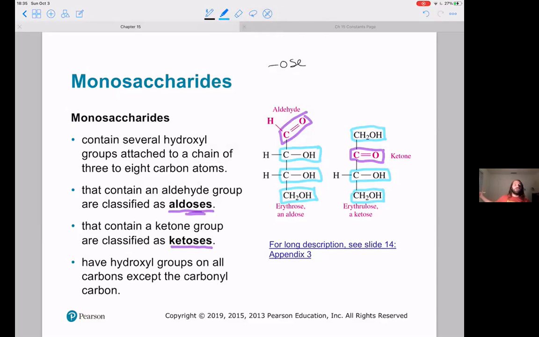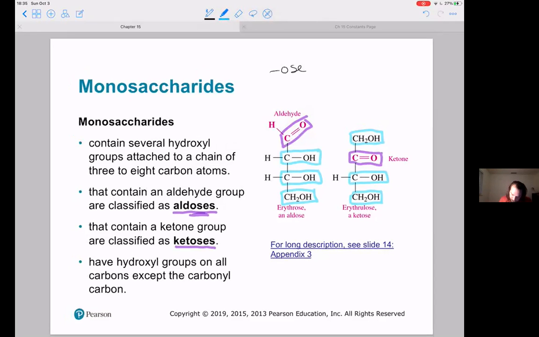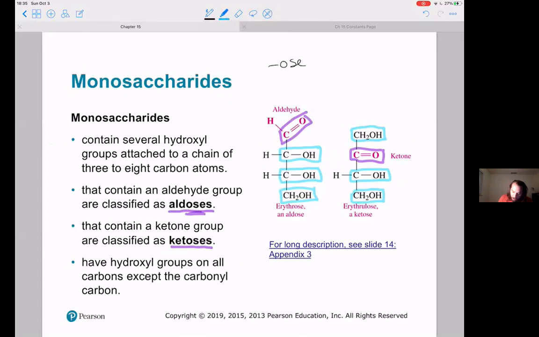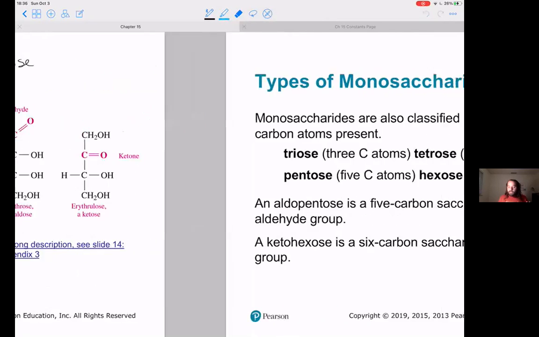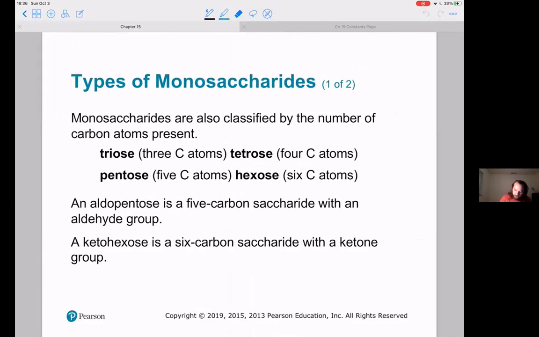All the other carbons are bound to hydroxyl groups or alcohol groups. And one other thing to note: when we see them in these long chain formats, the aldehyde or ketone carbon is always up towards the top. You'll always see the aldehyde group first, or if it's a ketone, the ketone is as close to the top as possible. Just a standard convention.